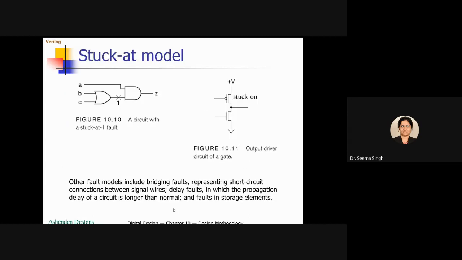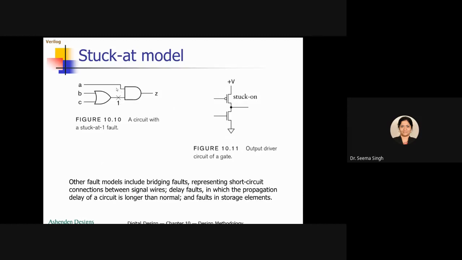In the last class I also discussed the stuck-at model. I showed you how a stuck-at-1 fault on this wire will be observable only when your A is 0. If A is 0, then B and C, whatever they are, do not matter.